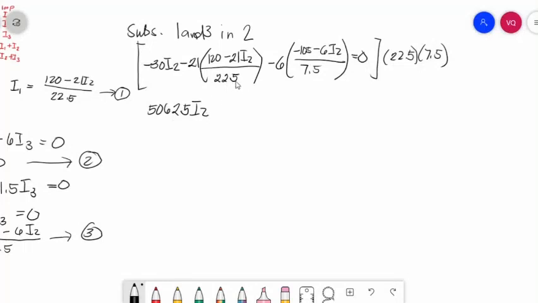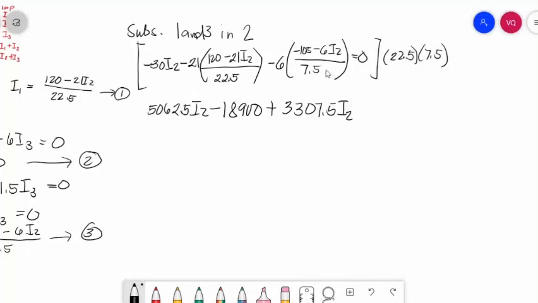And then, next term, so cancel tong 22.5 dito, tsaka yun. So, 7.5 times 21 times 120 is equal to negative 18,900. Next is negative 21 times negative 21, so that is positive, times 7.5. So, 3,307.5 I2.